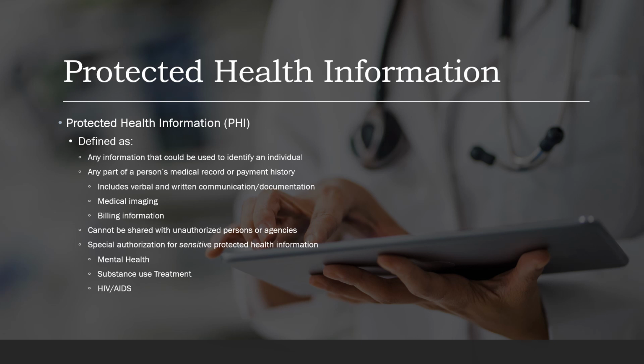Examples of this can include age, race, gender, date of birth, phone number, address, social security number, medical record number, medical history, charts, images, billing information, insurance, healthcare proxy, etc. In order to disclose PHI or protected health information, this is where the privacy element of HIPAA comes into play.